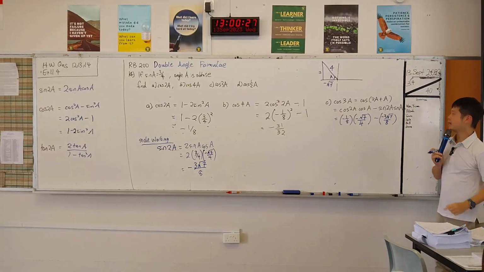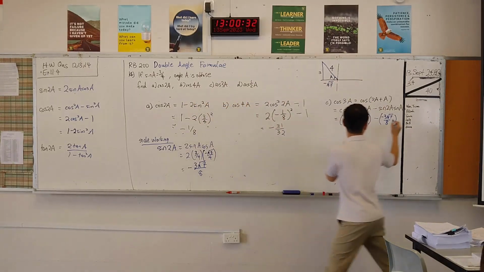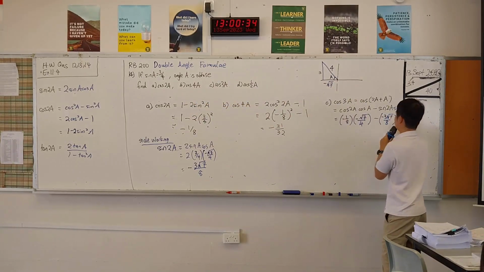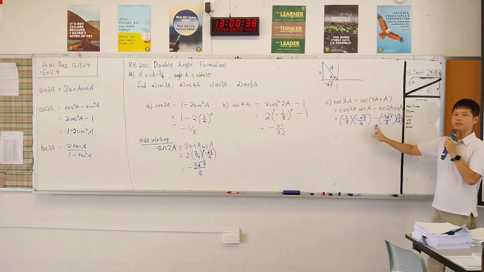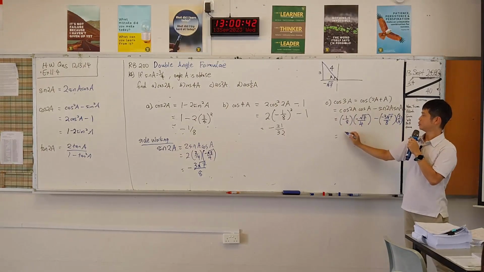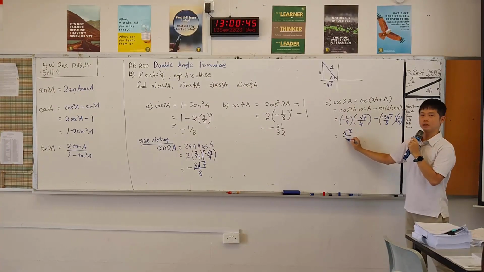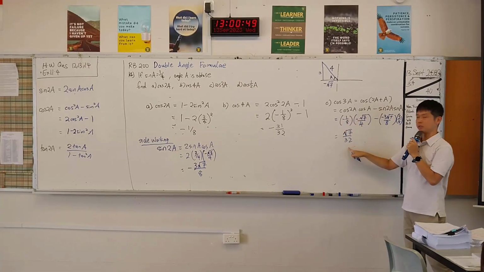Finally, sine A I already have, which is 3 over 4. Let's try: I will have square root 7 over 32. Minus becomes plus. 8 times 4 is 32.